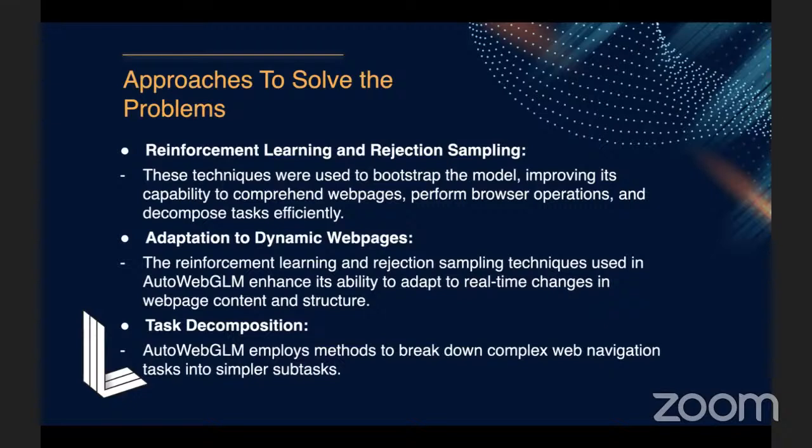And also approaches like adapting to dynamic web pages, which was quite a problem previously. I already told that previous web navigation agents suffer a problem with processing the dynamic behavior of web pages. So this reinforcement learning and rejection sampling technique used by the AutoWebGLM model enhances its ability to adapt to real-time changes.